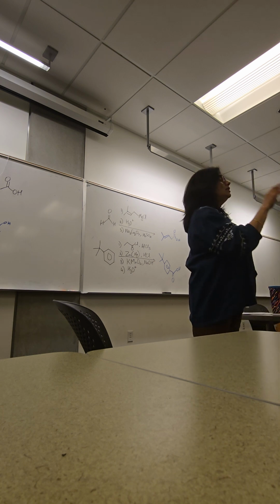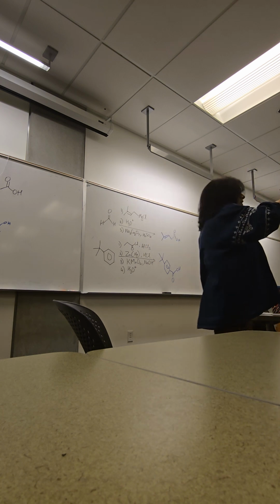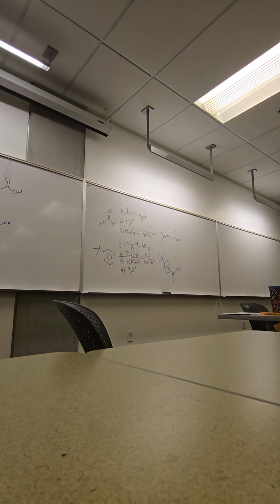And then the Grignard part, where you make the Grignard and then carboxylate it with the dry ice, we can probably do the following Friday. Maybe. We'll see how things go.